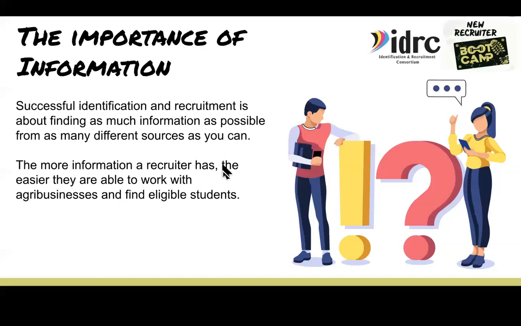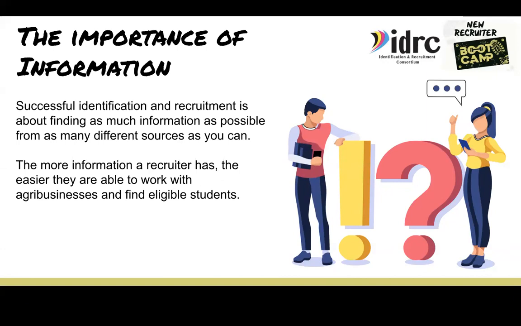To begin with, I want to talk a little bit about how we measure success as recruiters. Successful identification and recruitment is about finding as much information as possible from as many different sources as you can. Oftentimes, as recruiters, we focus on things such as student count, number of COEs obtained, but the reality is we should measure our success based on the information that we obtain.